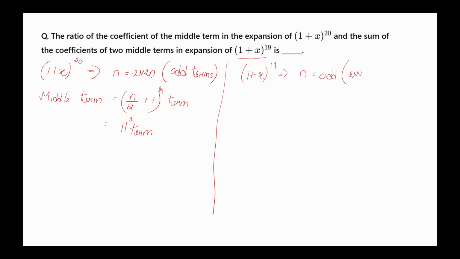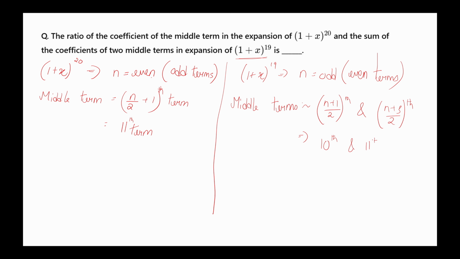That means I would have an even number of terms in the expansion. And if I have an even number of terms, that means I would basically have two middle terms. And so from here I can say that my two middle terms would be the ((n plus 1) by 2)th term and ((n plus 3) by 2)th term. So simply this would become my 10th term and 11th term.